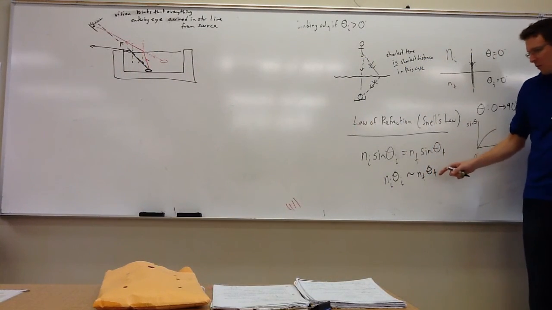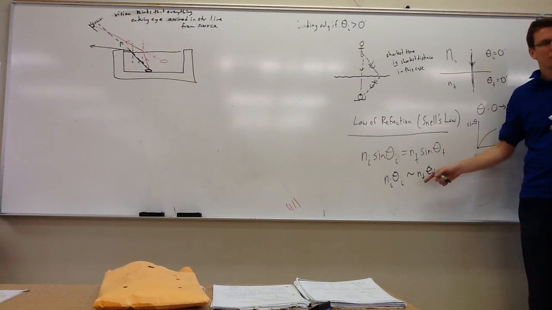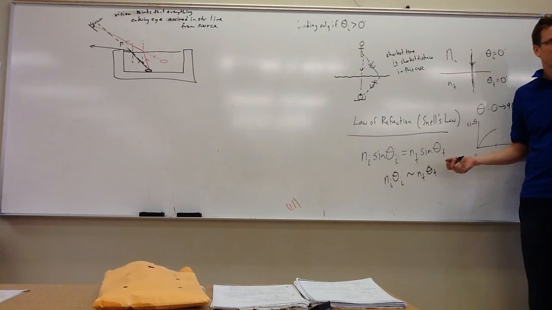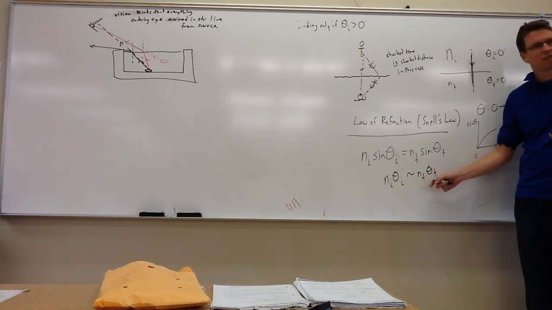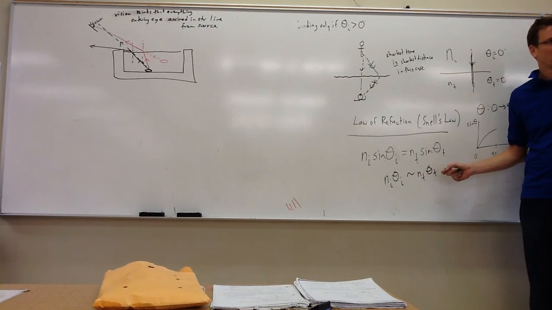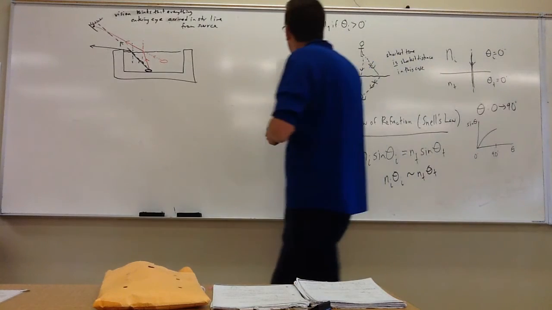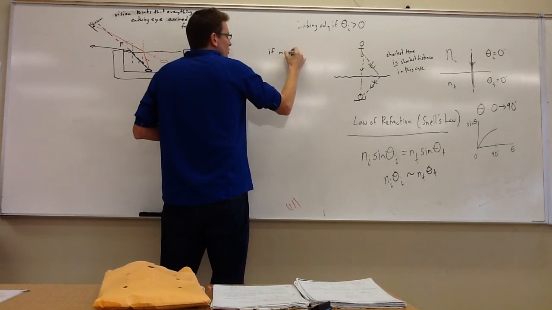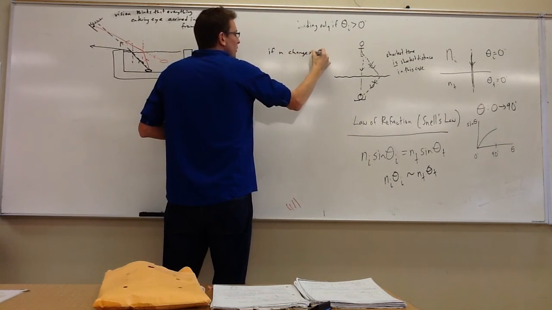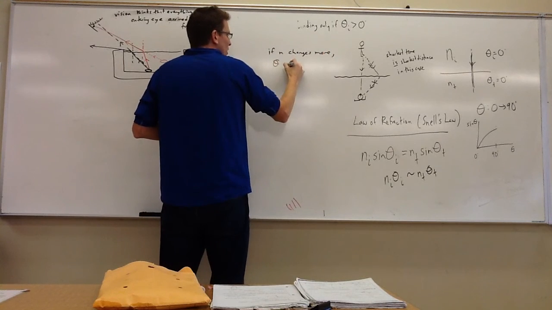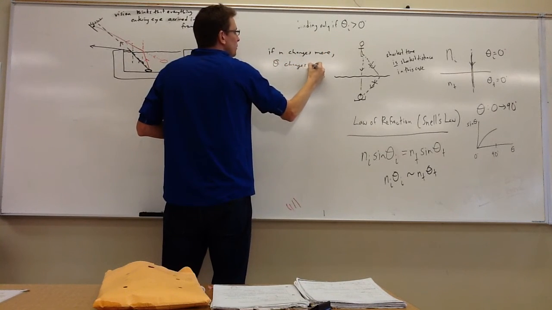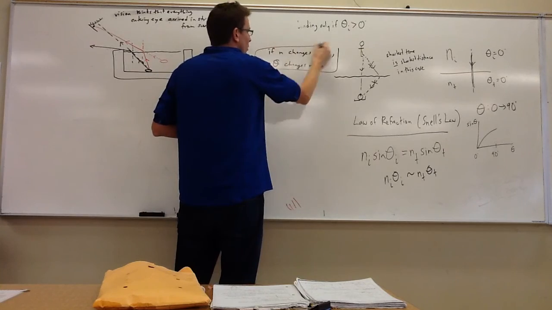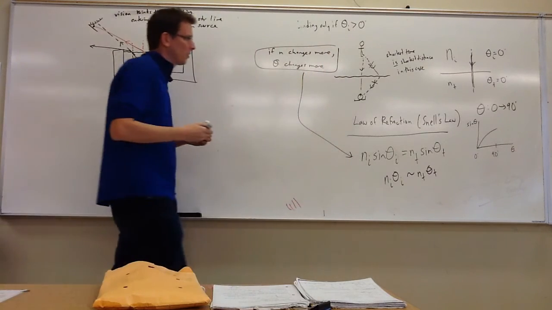We talked, of course, about bending toward and away from the normal, but we can also talk about it as a matter of how much, right? So the more the n value changes, the more the angle will change, right? So the idea is that if n changes more, the angle changes more, either towards or away from the normal.